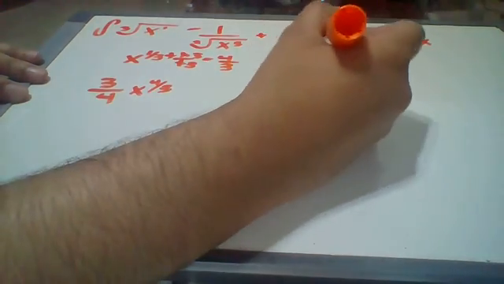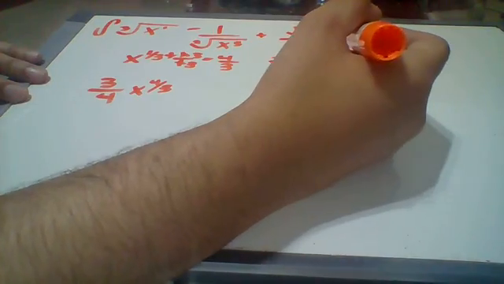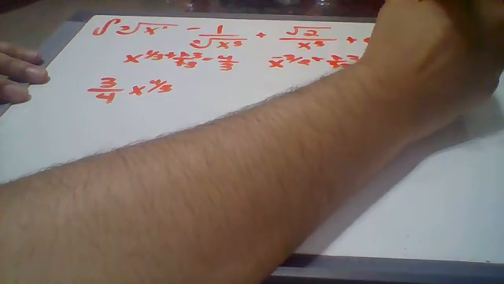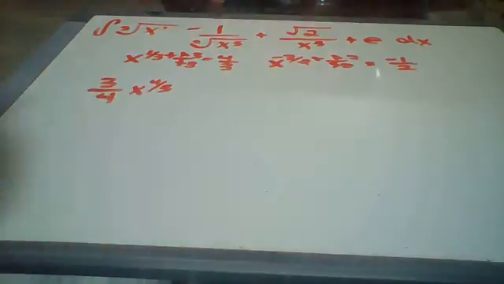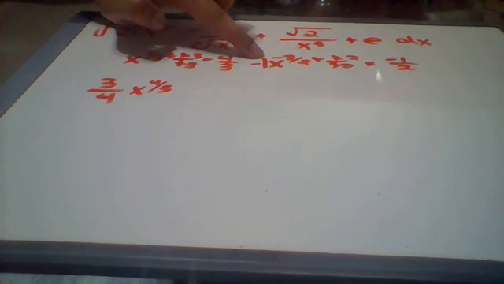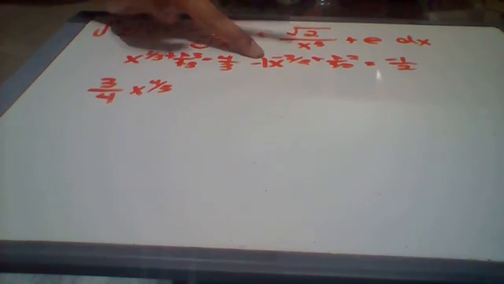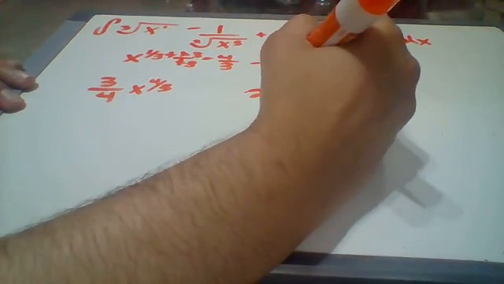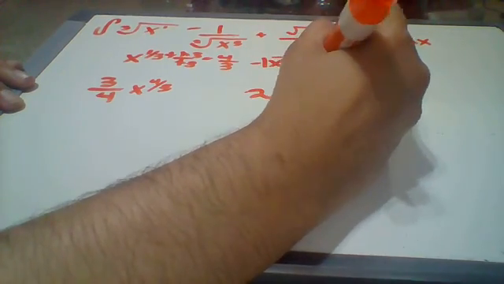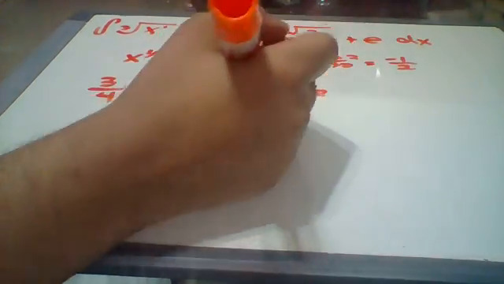So negative 3 halves plus 1 is negative 1 half. Then I'm going to multiply, there was a negative 1 in front here. So I'm going to multiply the existing coefficient by the new exponent's reciprocal, or I could do the equation again, but I'll just do that. So that would be 2x to the negative 1 half.